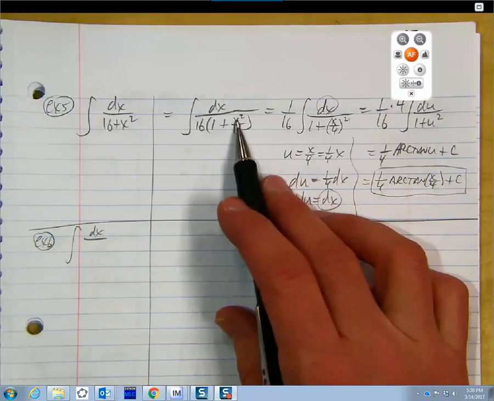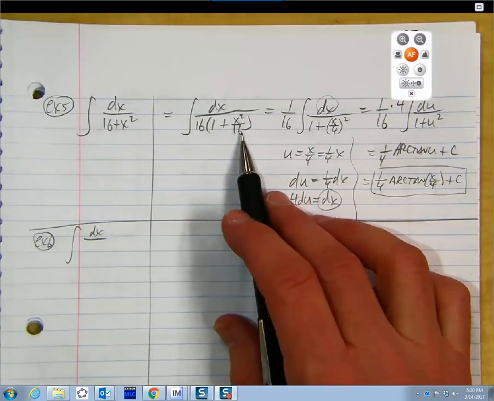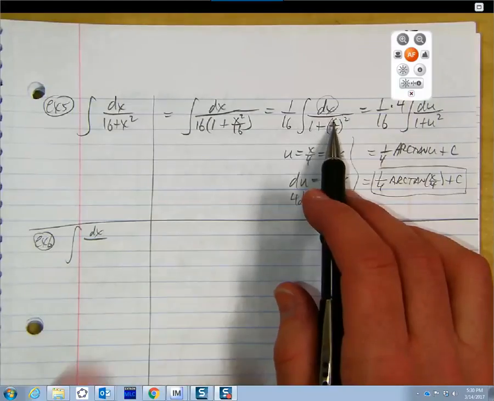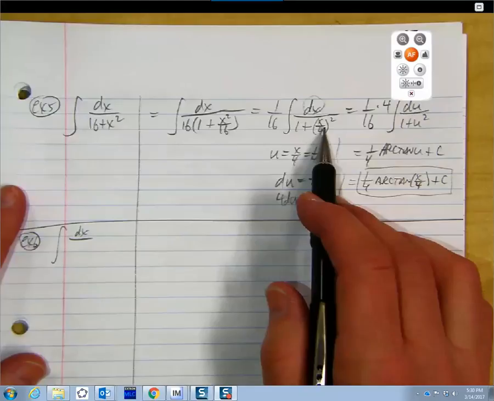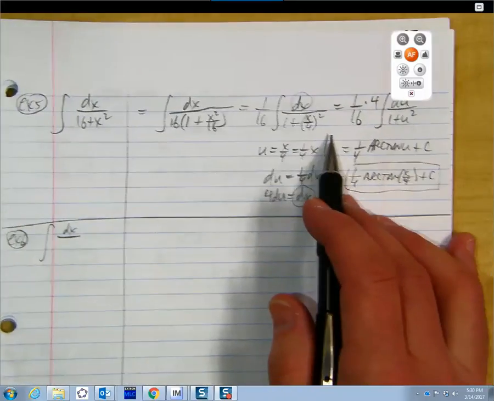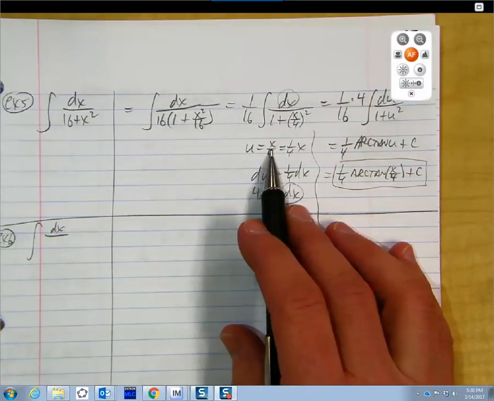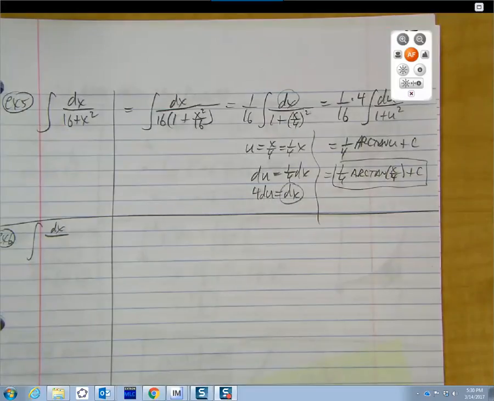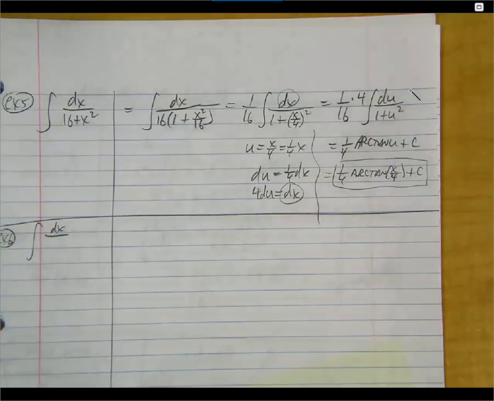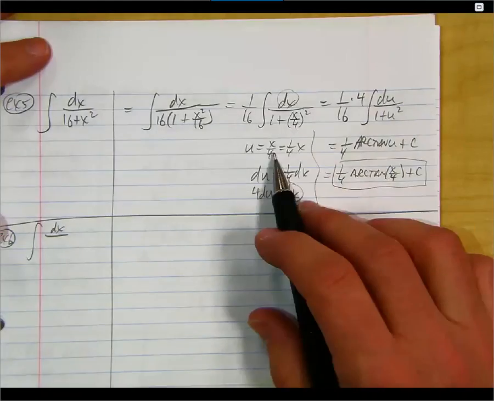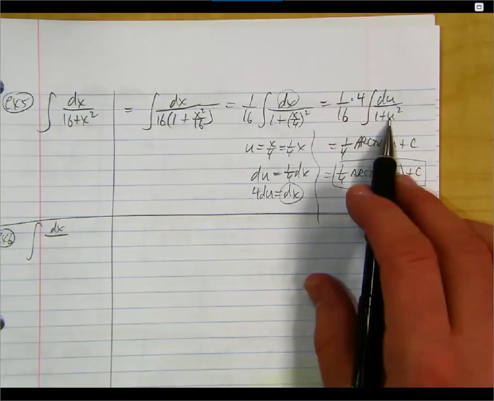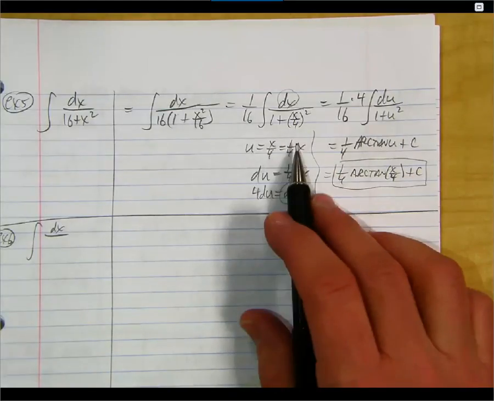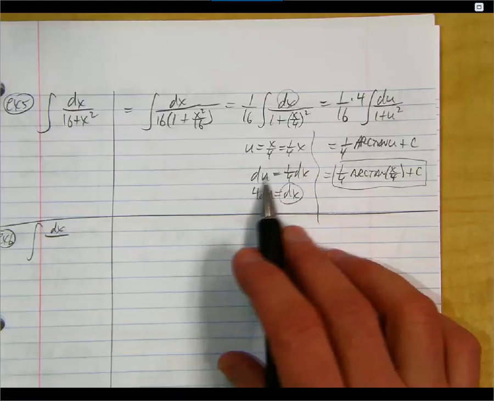We're going to now transform our x squared over 16 into x over 4 quantity squared. Having that done, I now can see that u would be a good choice as x over 4. I like the idea of x over 4 there because that would make this a 1 plus u squared. You can see it right here. So x over 4, also known as 1 over 4 x, you take the derivative, you get 1/4 dx.